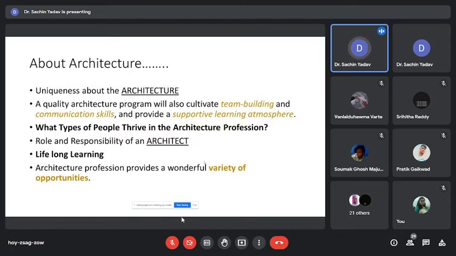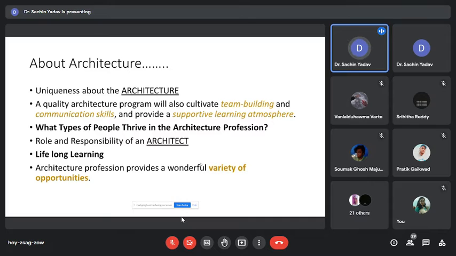They are architects, but they have an interest in that field, so they are making models. In architecture, every step has teams. Each team has a set of 4 or 5 persons, and each person has different responsibilities. Some are working on the drawing, some on the presentation, some on the models.